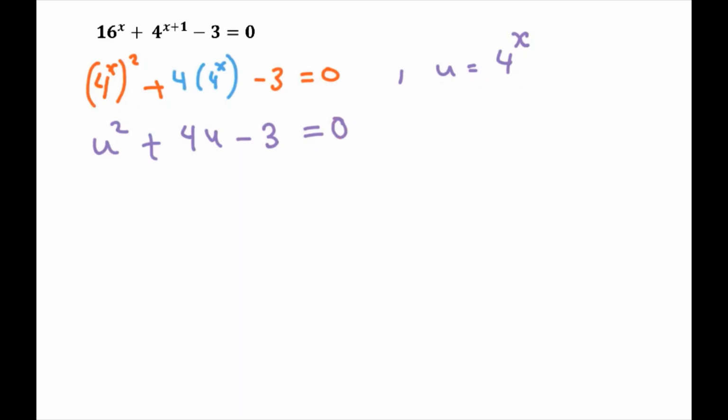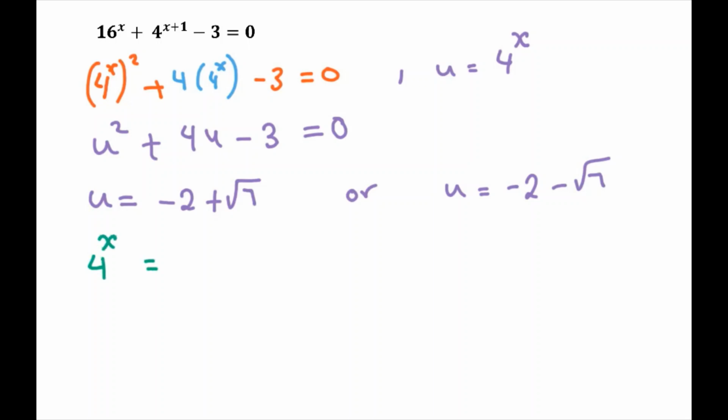Now, if you try to factor it, this is not factorable, so you will use the calculator for that. u equals negative 2 plus square root of 7, or u equals negative 2 minus square root of 7. Now, you are going to have 4 to the power of x equals negative 2 plus square root of 7, and 4 to the power of x equals negative 2 minus square root of 7.